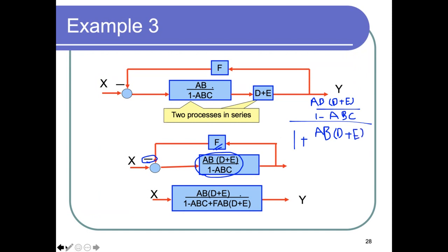Then you have a feedback system, right? So these two are equivalent to AB multiplied by D plus E, divided by 1 minus ABC.